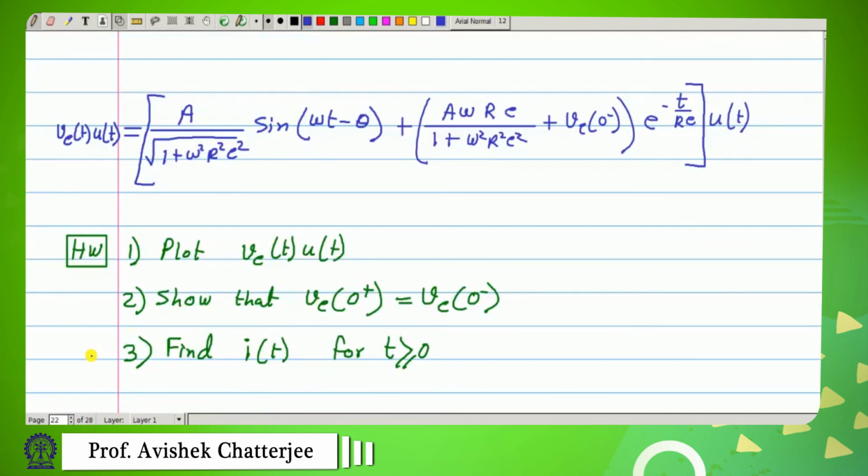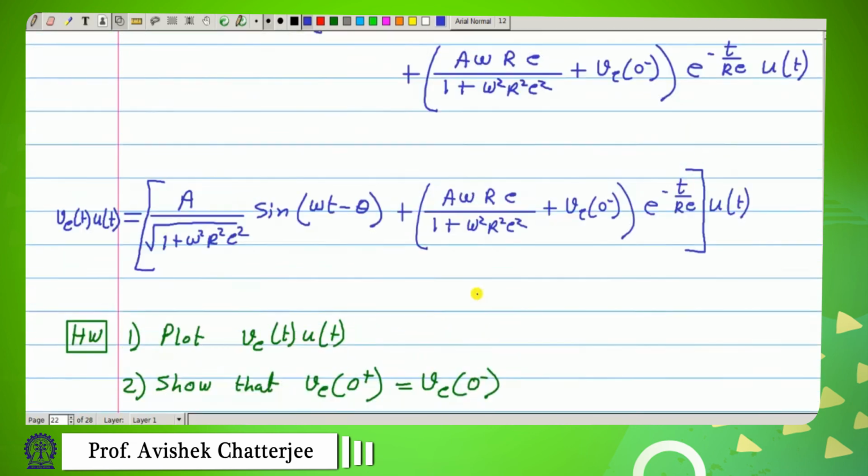Now you have a few homeworks. Firstly, draw this function as a function of time. Secondly, find the value of capacitor voltage at time 0 plus, and so that this is equal to the voltage at time 0 minus.